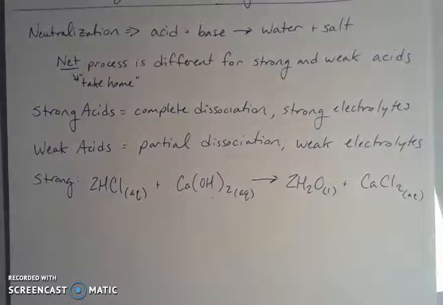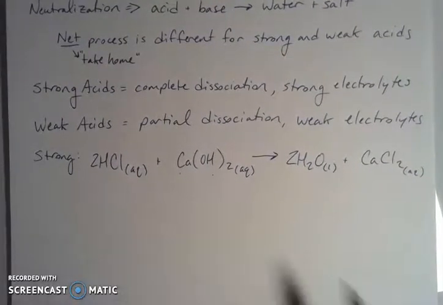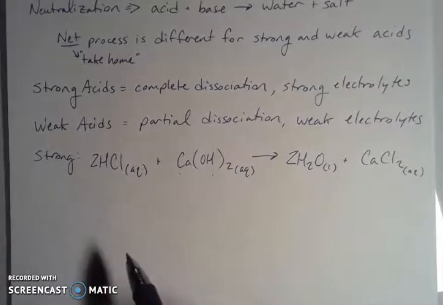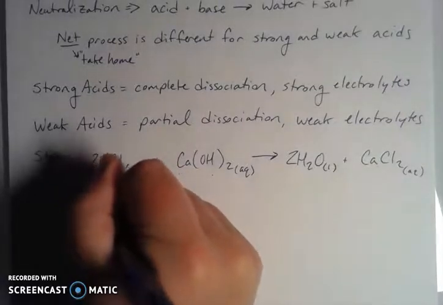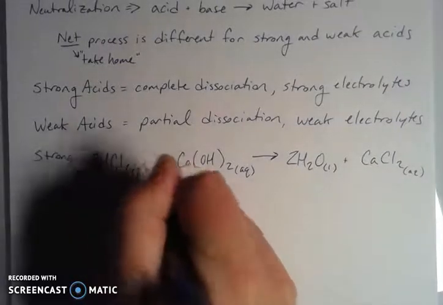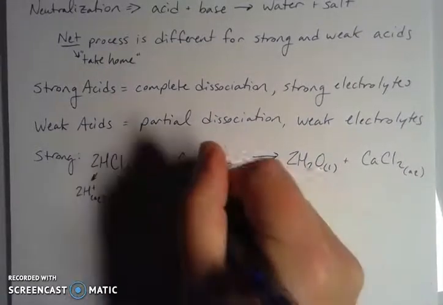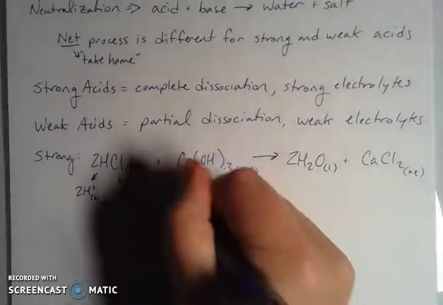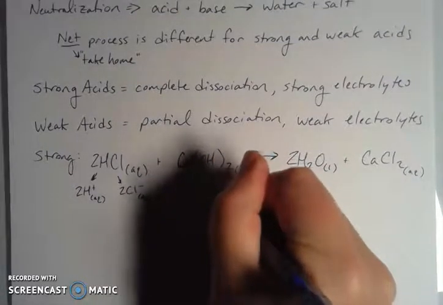So when I do the total ionic equation, recall, if you've learned about precipitation reactions, that you need to separate everything into its component ions. So this guy's going to be separated into 2 H+ and 2 chlorides. And this one's going to be separated into a calcium 2+ and 2 hydroxides.